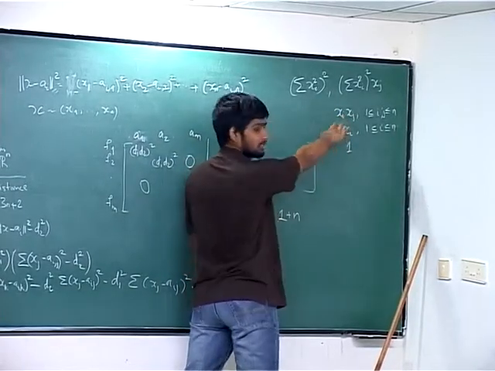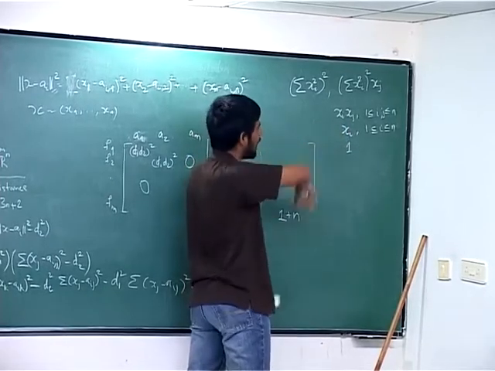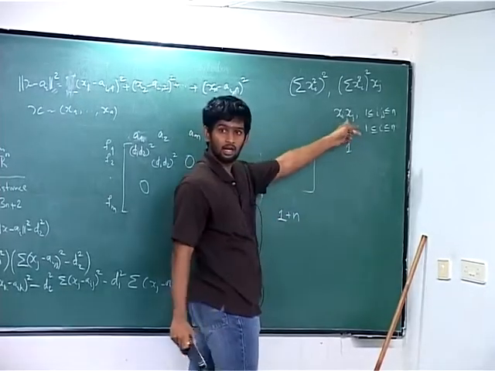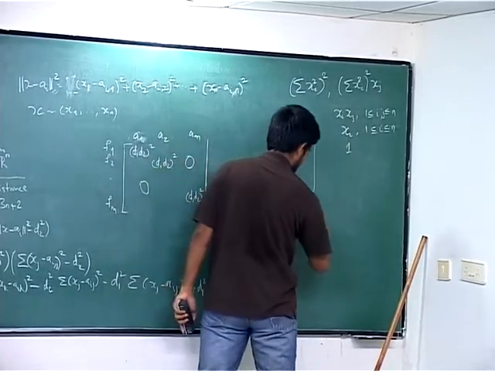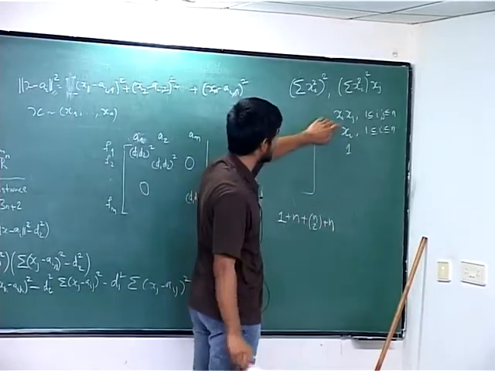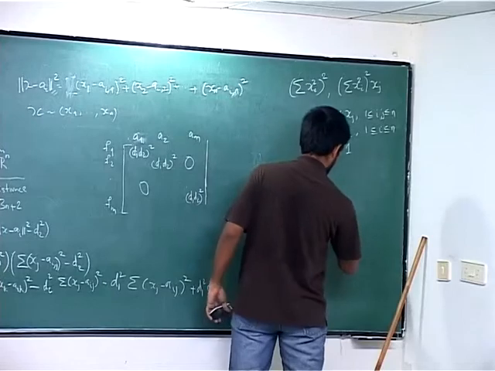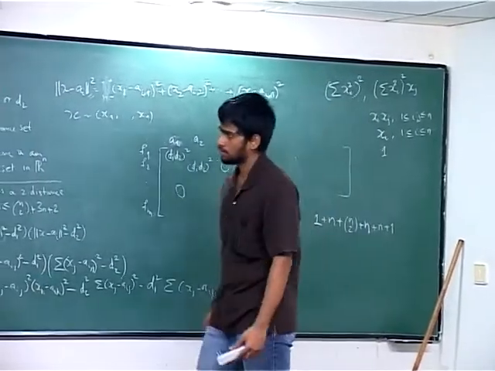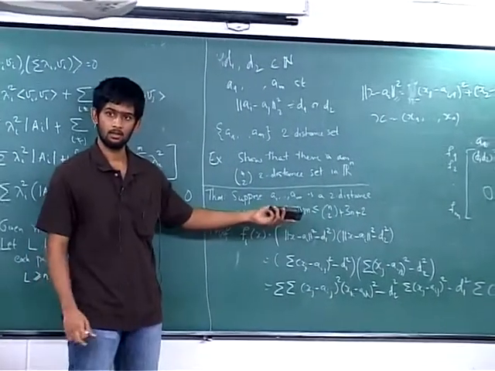And how many such? I'll also have i and j equal. So it is n choose 2 plus n. And how many of these? There are n of them. Which basically shows that you can have only so many of them.